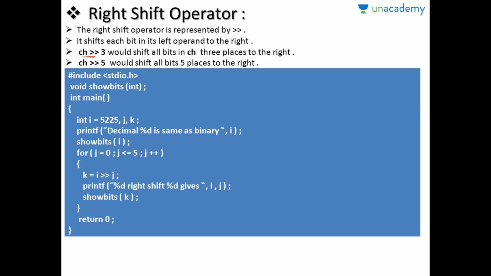That means if you take my name as Kavya, and you want to right shift for 3 alphabets, KAV is right shifted, and the rest of the alphabets is given as output, as if we simply wanted to print it with a printf statement. Otherwise you can perform any other operations as well. Here you give ch right shift 5, that means it will shift 5 bits to the right side.